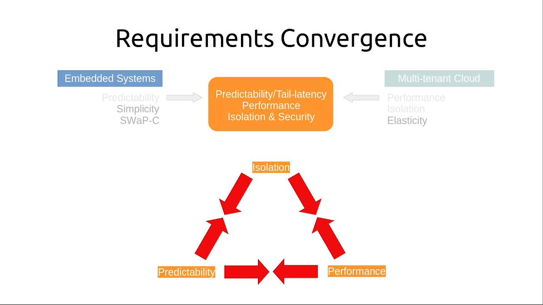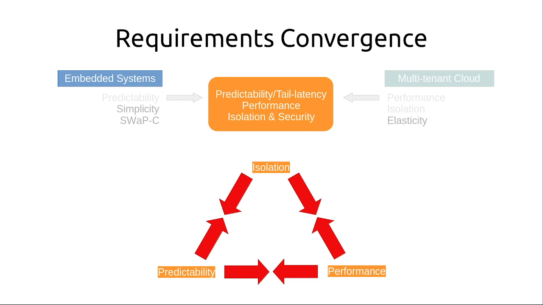Requires not switching between protection domains frequently. Predictability and performance are often at odds simply because when we want predictable performance, we want to be able to put bounds on how long it takes to respond to different impulses. But to do so often requires that we make optimizations that make performance much more difficult. Isolation and predictability are often frequently at odds as well, for similar reasons to why isolation and performance are not often seen in the same system.